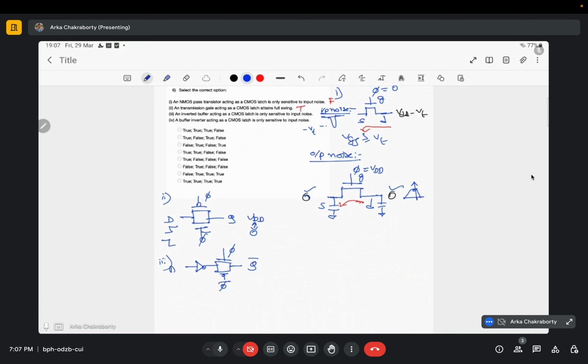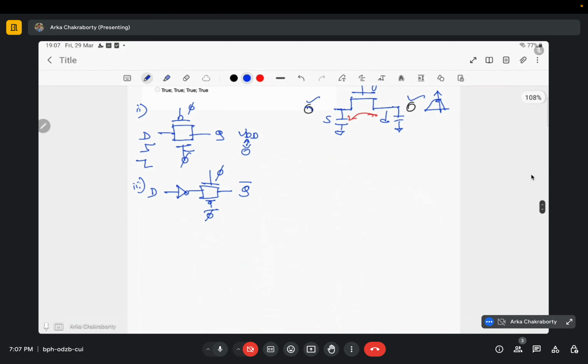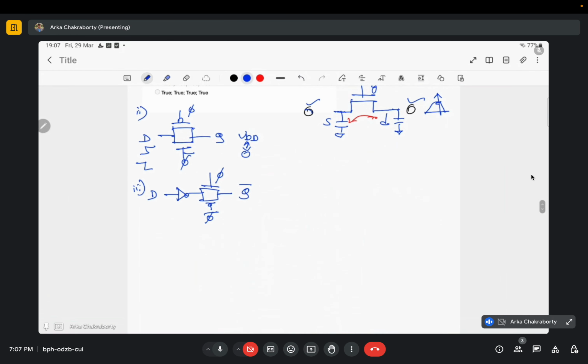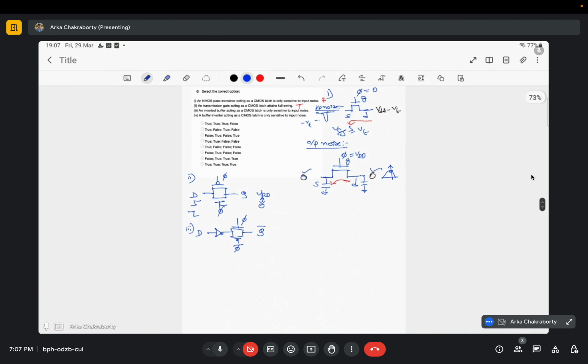Basically it will be Q bar, it will be D. Fine. Okay, so now let us see whether it is sensitive to input noise or not.